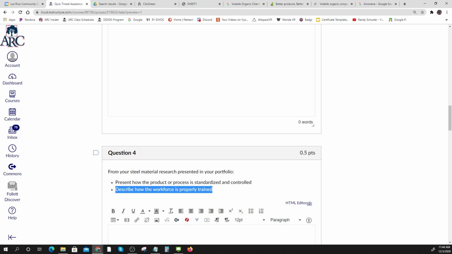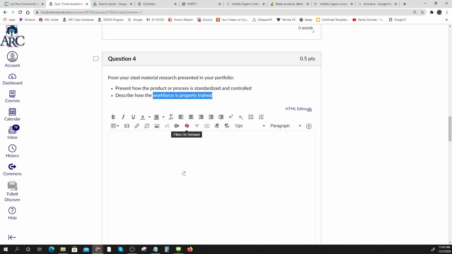Feel free to do so. Okay, under standardization, there are certain specifications. You can talk about those specification agencies, and there are test specifications, and you can talk about the people that do the tests. There are training agencies that work with the workforce, and so you can really do some nice work there.